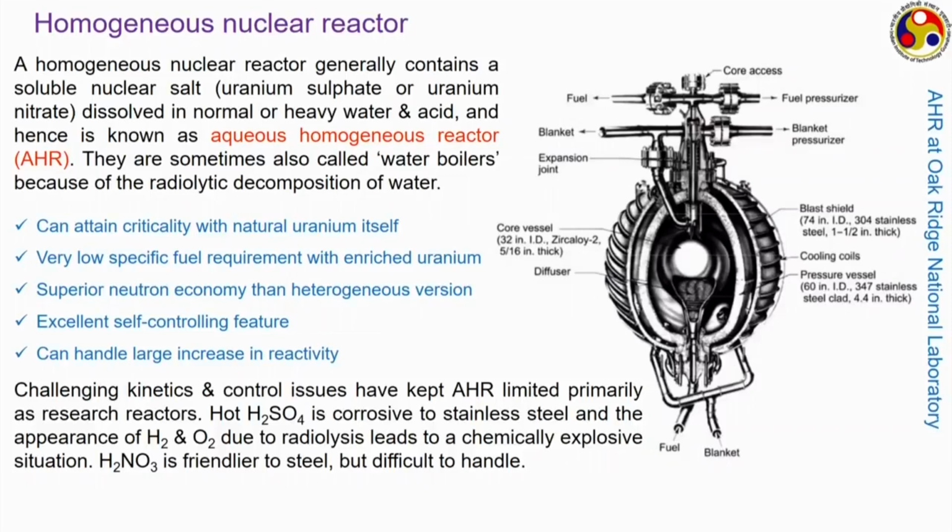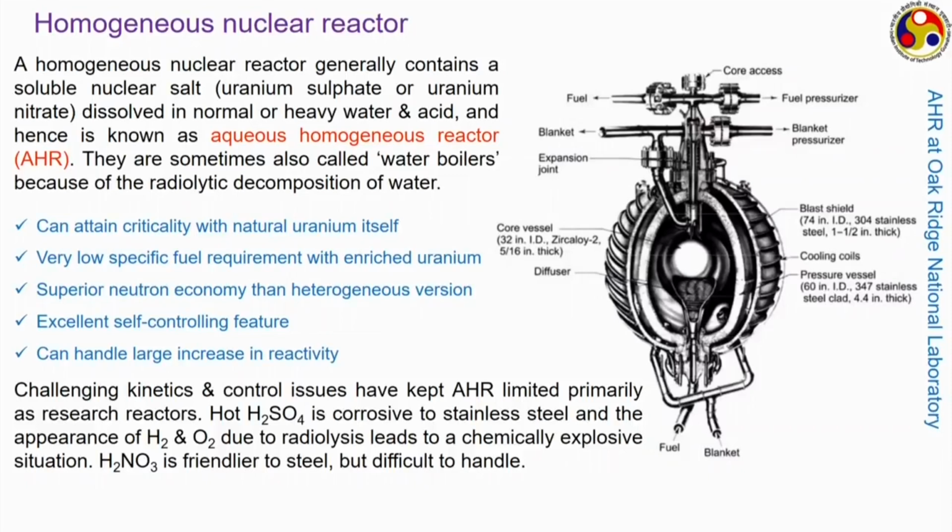A big problem for them is also the use of the sulphate or sulfuric acid. Uranium sulphate in water leads to the production of sulfuric acid, and such hot sulfuric acid is extremely corrosive to stainless steel, which is one of the common materials used in nuclear reactors. And also the appearance of hydrogen and oxygen bubbles because of the radiolytic decomposition is another big issue from the control point of view.